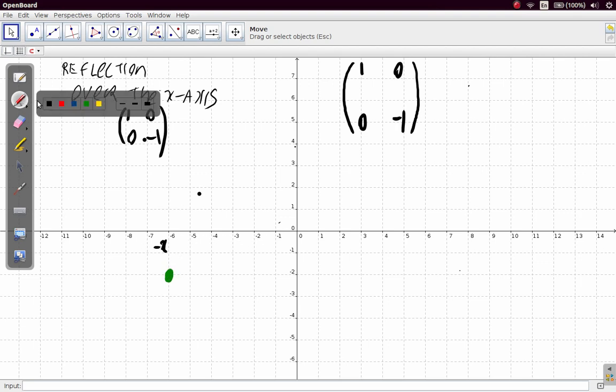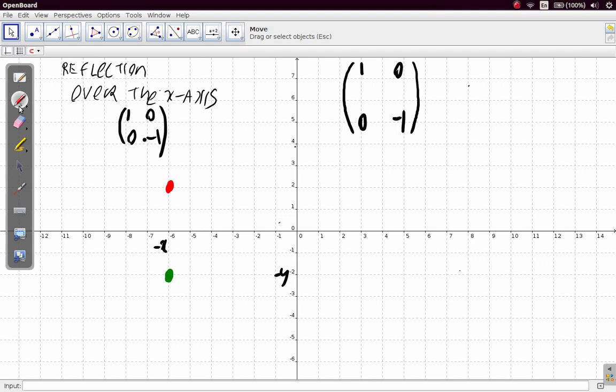Now it's located at negative X, negative Y. Where would it go when it's reflected over the X axis? Well, you can see that it would go up. It's 2 units below the X axis, so it would go 2 units above the X axis. And let's make this new point a red point.